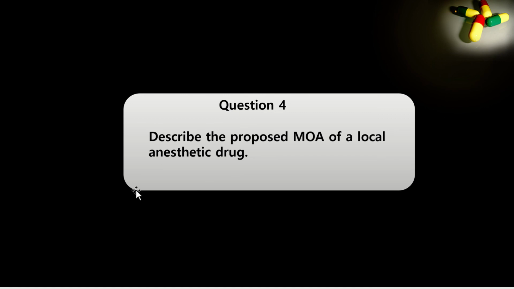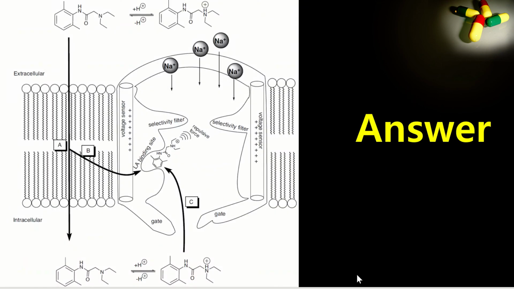All right, so our final question is, describe the proposed mechanism of action of a local anesthetic drug. So as we said, at the physiological pH of about 7.4, we have both the ionized and the unionized version of these drugs. However, it is the unionized form which passes through the neuronal membrane, right?